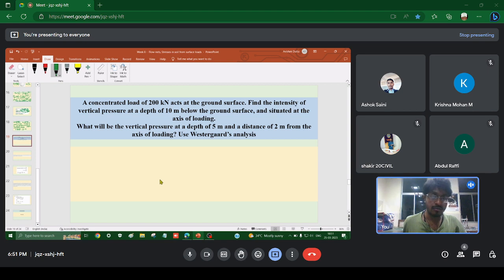Okay, so first answer is 0.318. No, not the answer. You have to use the basic formula for the Westergaard's analysis. What is the basic formula for Westergaard analysis?